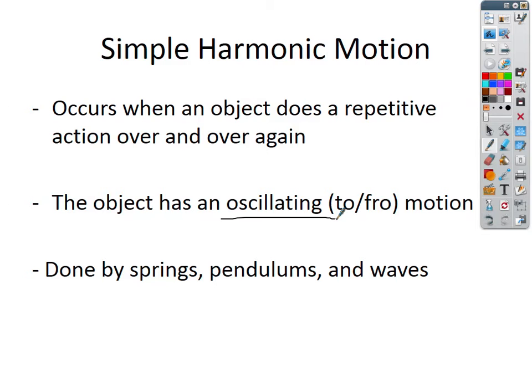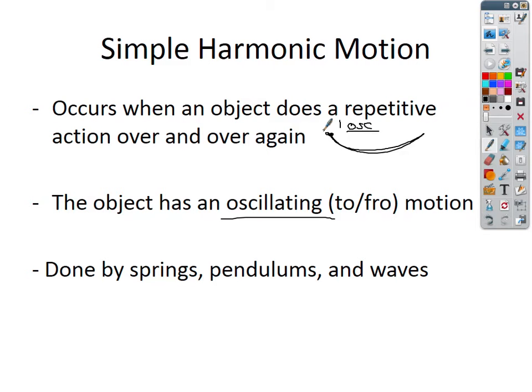They swing forward and then back. That would be one oscillation, not two. If I start here, going forward and coming back, that is one oscillation. Do not make the mistake of going 1, 2, 3, 4.